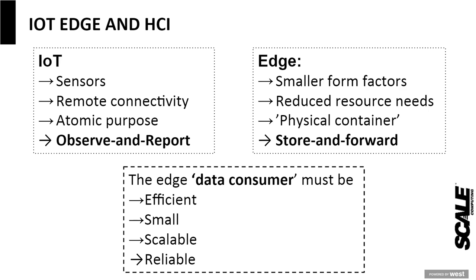Smaller, reduced resource needs. You aren't going to need to run hundreds of VMs, but maybe you need to run 5. Maybe you're only reporting back a couple gigs of data a day, but it needs to get stored, needs to get processed, needs to get analyzed, and then sent somewhere. And those are our remote sites, or those edge data consumers.